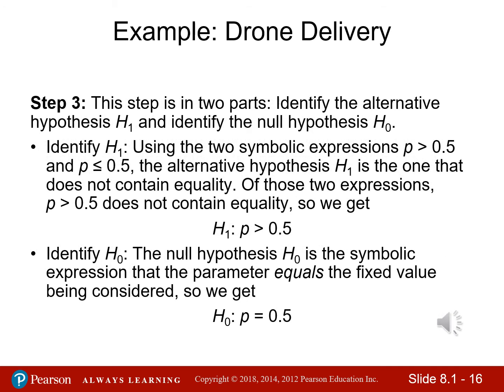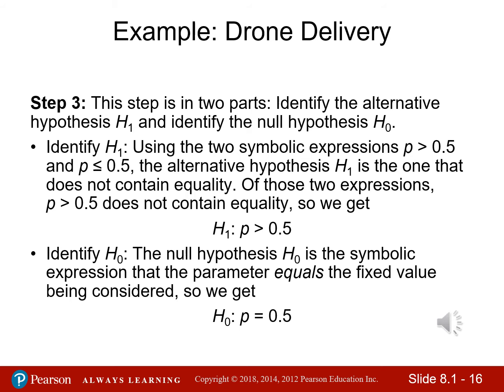In step 3, we identify the alternative hypothesis H1 and we identify the null hypothesis H0. Using the two symbolic expressions P greater than 0.5 and P less than or equal to 0.5, the alternative hypothesis H1 is the one that does not contain the equality.